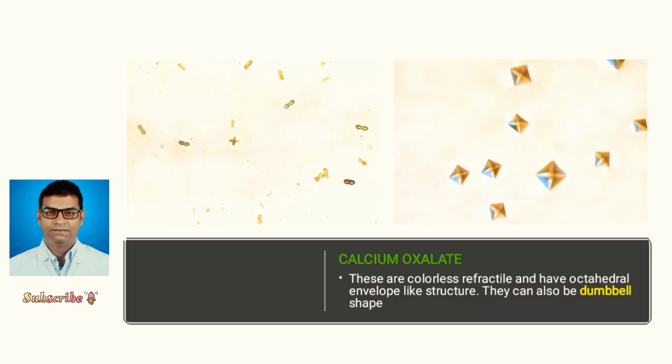Calcium oxalate crystals are colorless, refractile, and have octahedral envelope-like structures. They can also be in dumbbell shape. In the picture, you can see the envelope-shaped crystals representing the calcium oxalate.